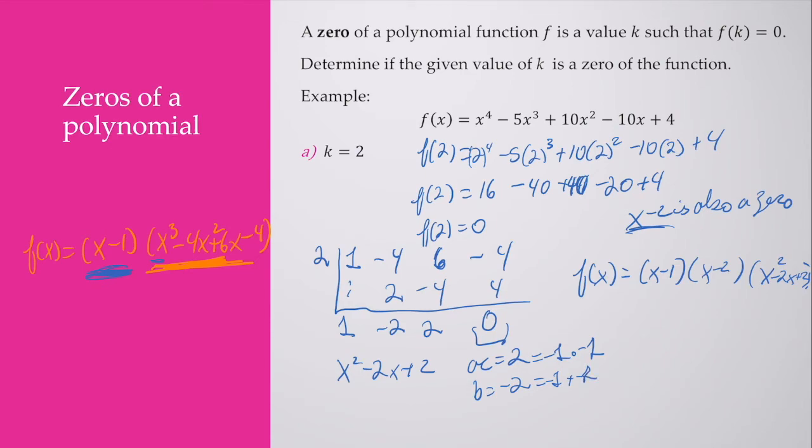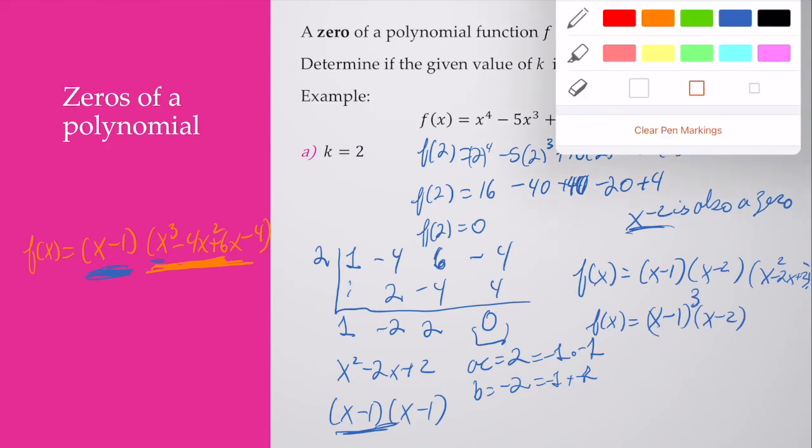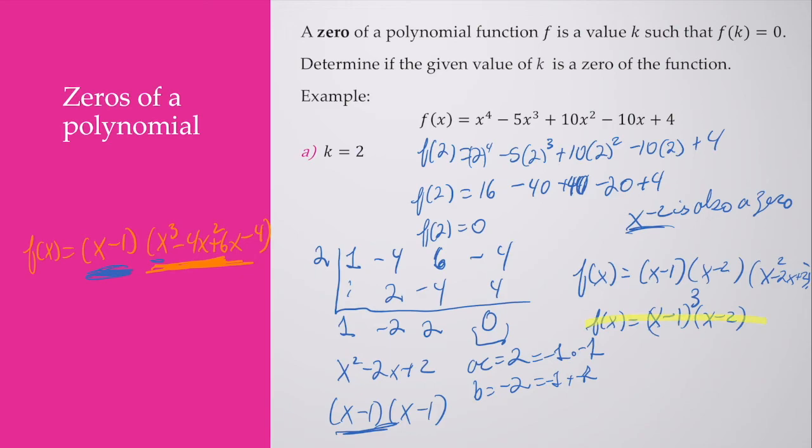So that gives me f of x equals x minus 1 times x minus 2 times x minus 1 and x minus 1, right? That's 2 more of them, so I've got x minus 1 cubed. This is our fully factored degree 4 polynomial.